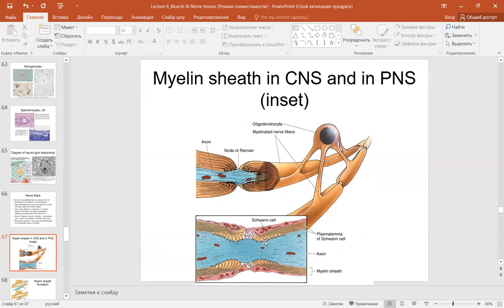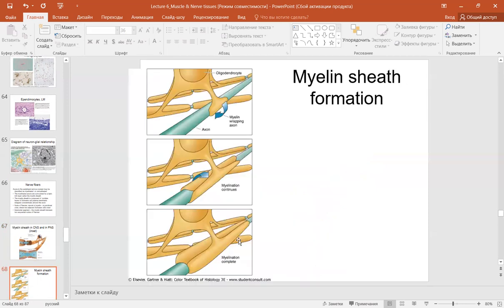In the peripheral nervous system, the myelin sheath is formed by the Schwann cells. Here we have also the nodes of Ranvier. And myelin sheath is represented here and here. These are the envelopes, enveloping plasma membrane, enveloping many times fold the axon of the neuronal process.